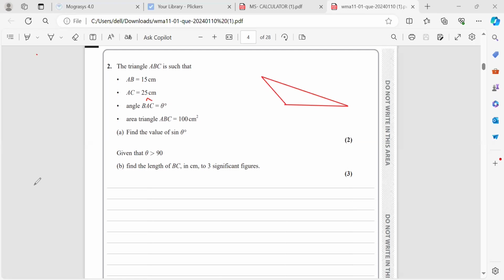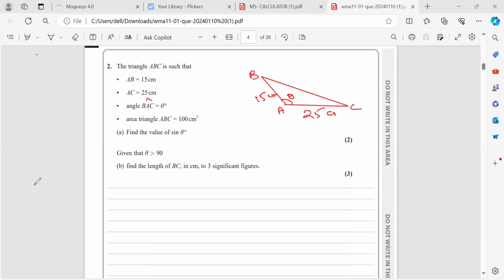BAC is theta, so we write A on this vertex where we are having angle theta. Then AB is 15 centimeters.